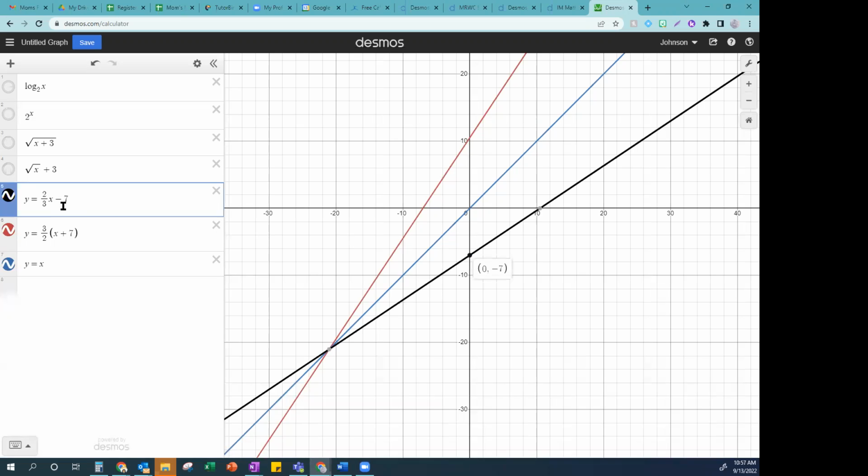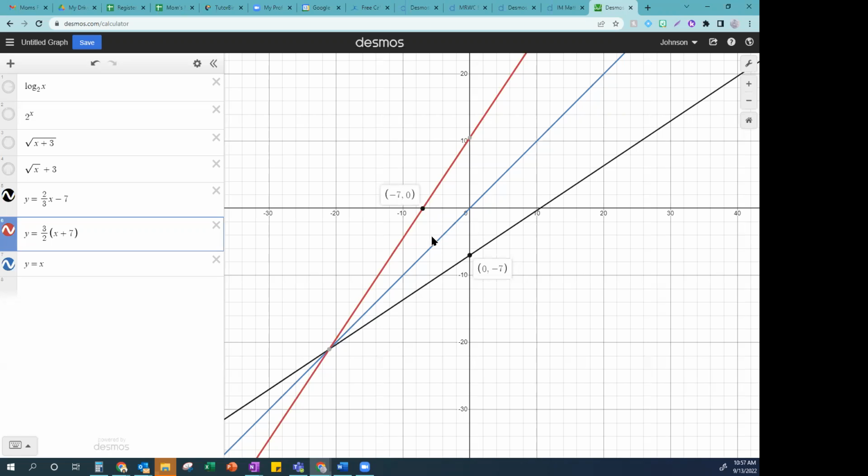That's this guy's y-intercept. If that's correct, I should be able to switch x and y, and I should get -7, 0. If I push on this and it says -7, 0, that's what I want to see. Ta-da! This is right.